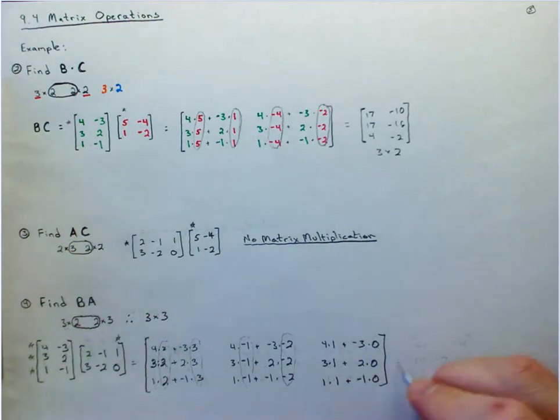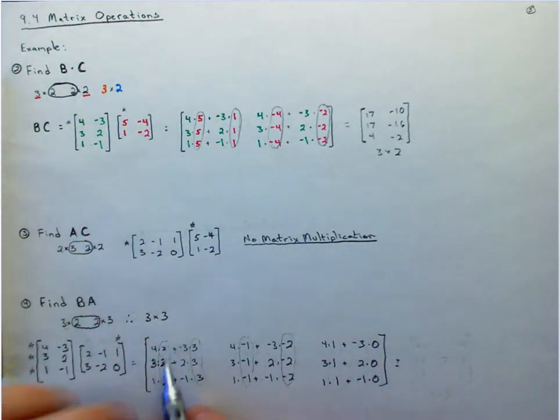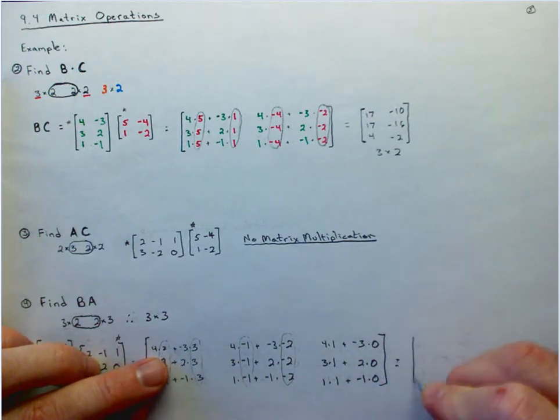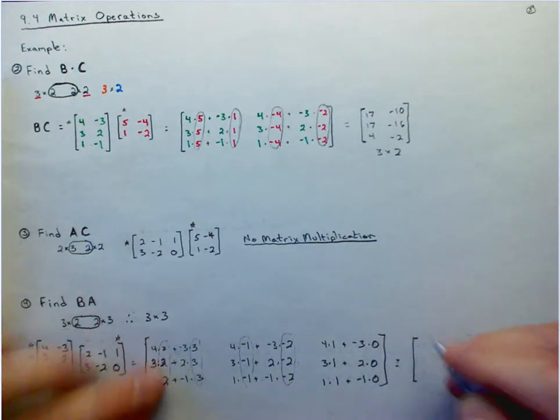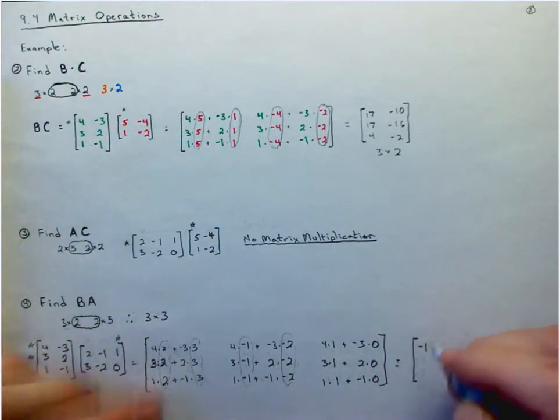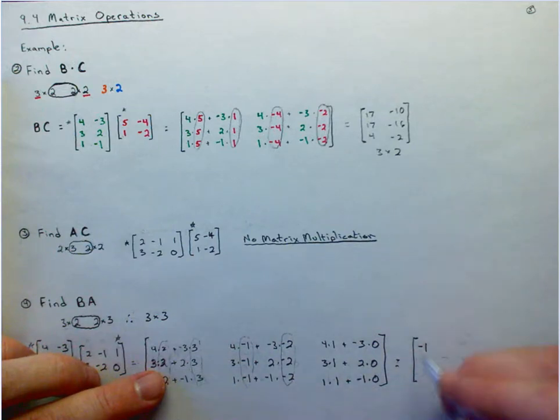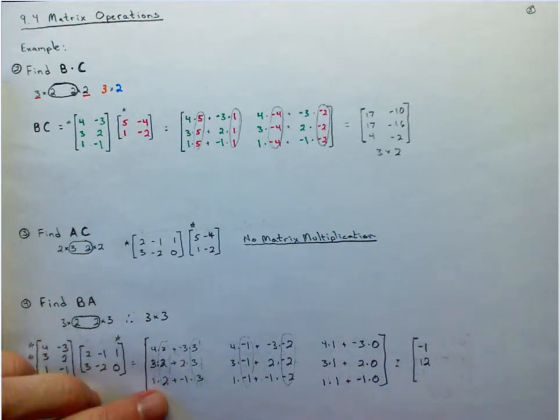And now I go through and find each of these values. 8 plus a negative 9 is a negative 1. 3 times 2 is 6 plus 6, that's 12. 2 plus a negative 3 is a negative 1.